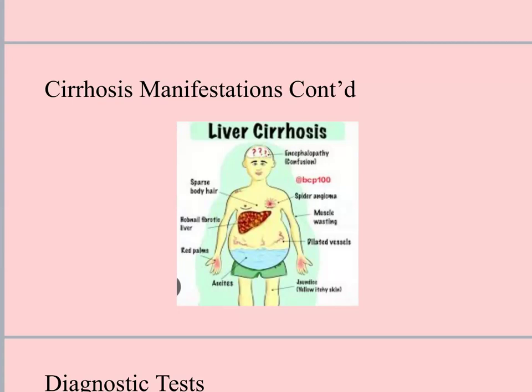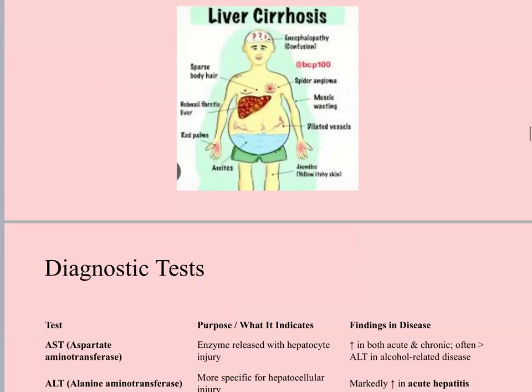People with advanced liver disease and cirrhosis are extremely itchy because it's right there on their skin. They have spider angiomas, these extra tiny little blood vessels, and muscle wasting. And like I said, that confusion is very unmistakable when they get this progressed.